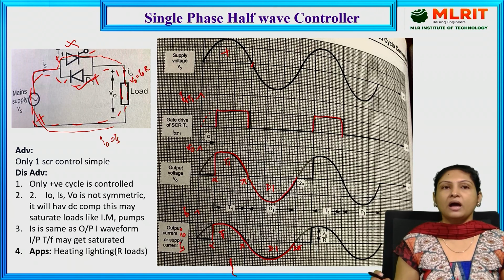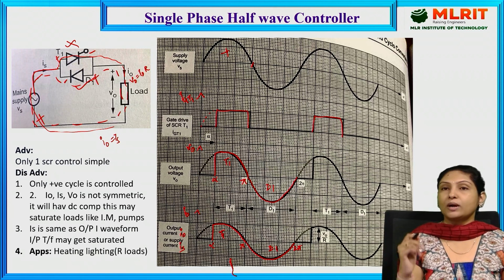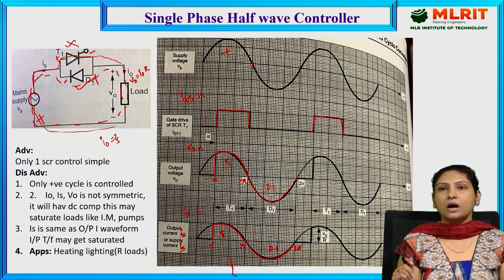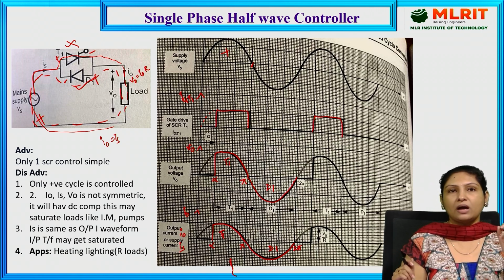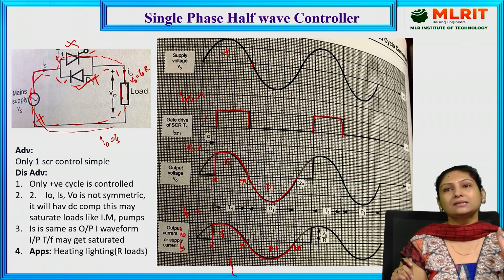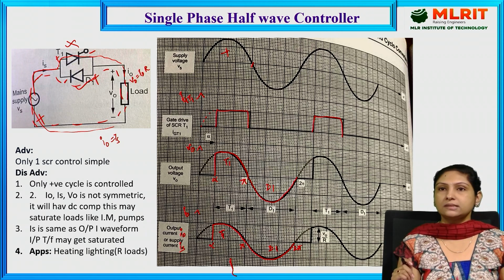And here, talking about the advantages, we have only two devices, only one SCR. So we have to provide gate drive only for this particular SCR. That is how the control circuit is simple. Control is simple.